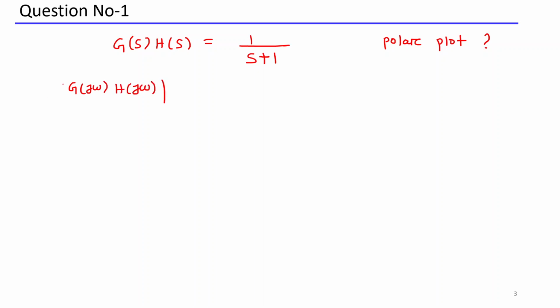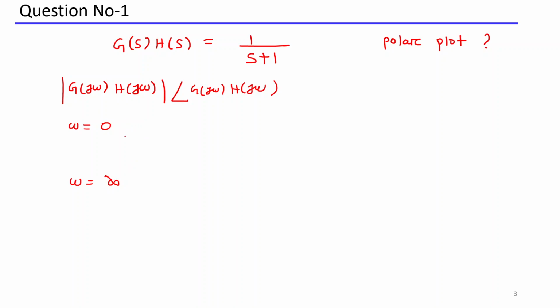You have to find the magnitude as well as the angle of G(j omega)H(j omega). So these two things you have to find out. But at which points? You have to find them at omega equal to 0, and another point at omega equal to infinity.